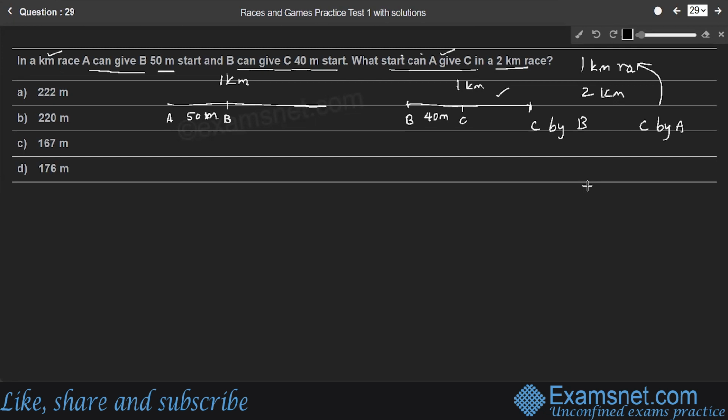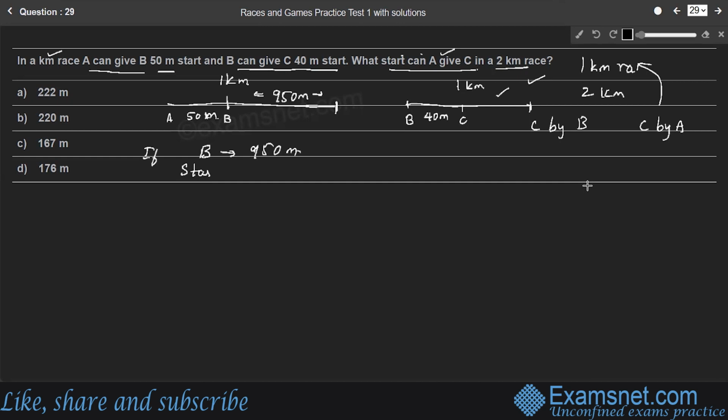Here in first case, what is the distance to be covered by B, right? 50 meters start was given, so B has to cover 950 meter of distance, right? Therefore, if B covers 950 meter of distance, start given to B was 50 meter. Or in other words, come to the second case, right?